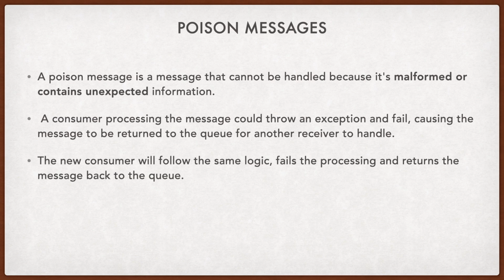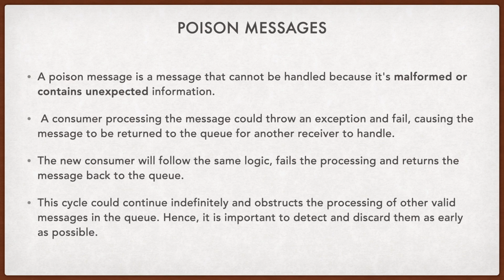The new consumer will follow the same logic, fail the processing, and return the message back to the queue. This cycle could continue indefinitely and obstruct the processing of other valid messages in the queue. Hence, it is important to detect and discard them as early as possible. Generally, poison messages are put into the dead letter queue as early as possible.